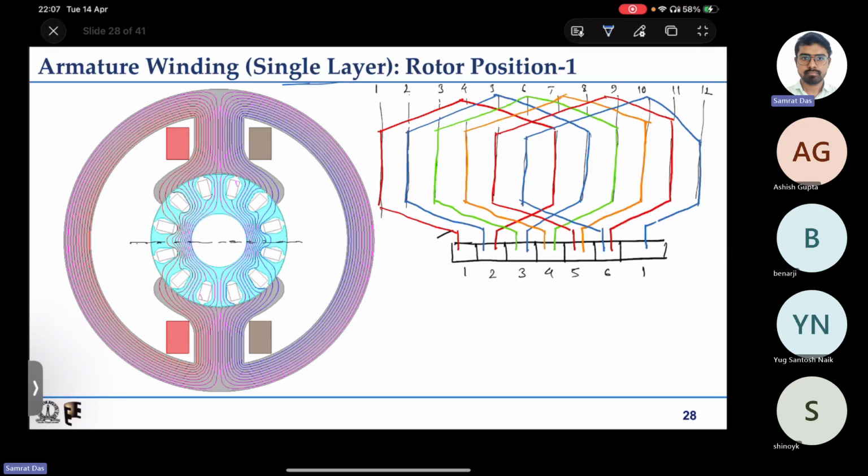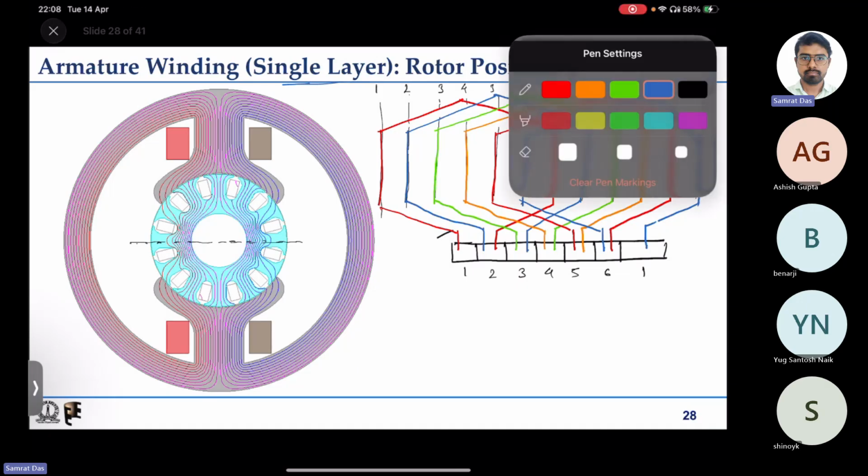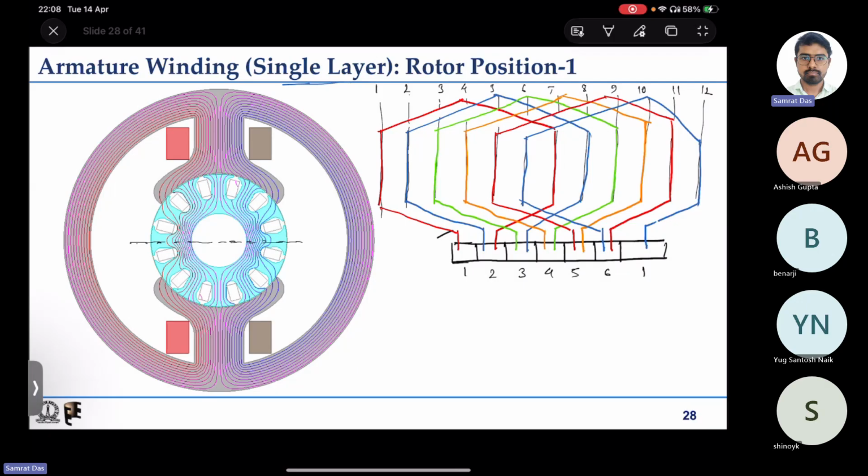So let me number the coils like this. How to number, okay, we can number anything actually, 1, 2, 3, 4, it does not matter that way. So let us first assume the brush location, then we will come back to the coil numbering.